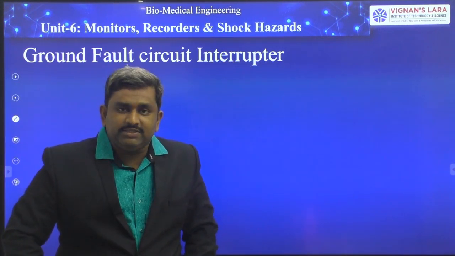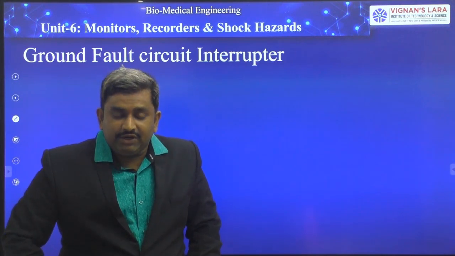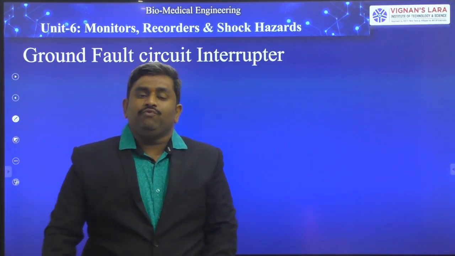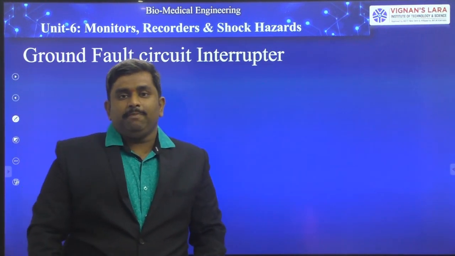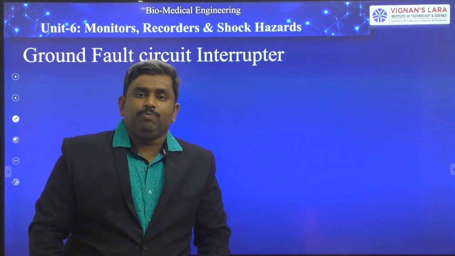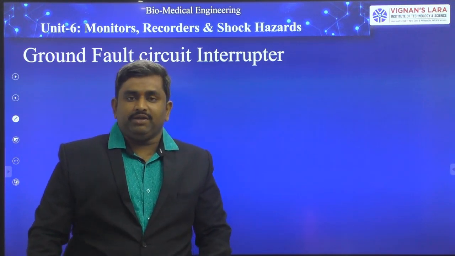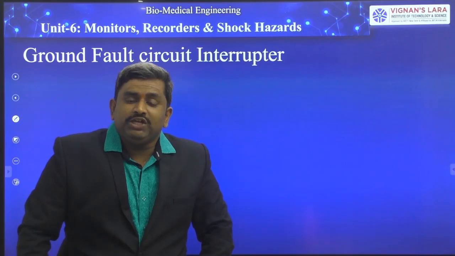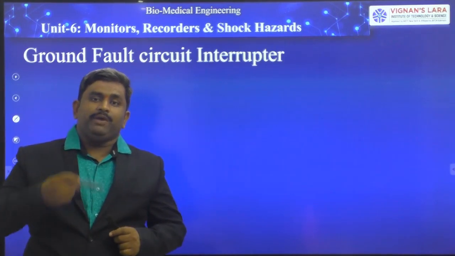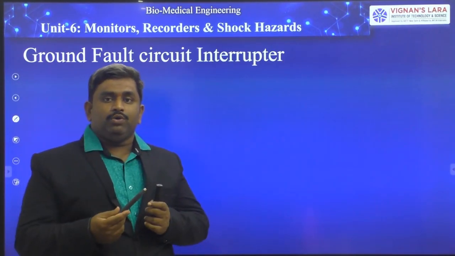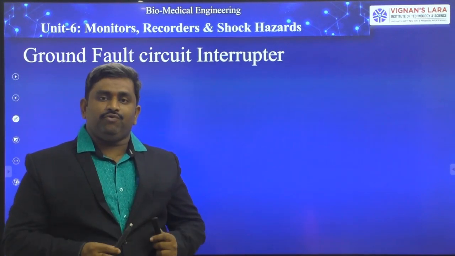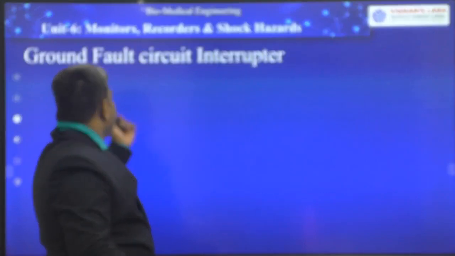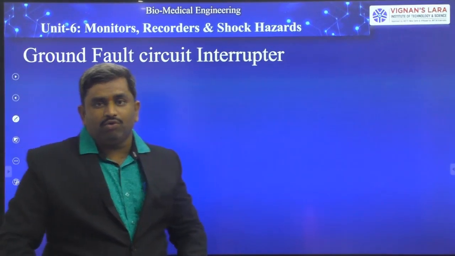The ground connection is broken and an electrical accident happens. We cannot expect these physical damages and unwanted circuit breaks at all times, so we have to provide a special circuit to protect against this type of electrical accident. We have to provide a special type of circuit interrupter to identify the ground faults.